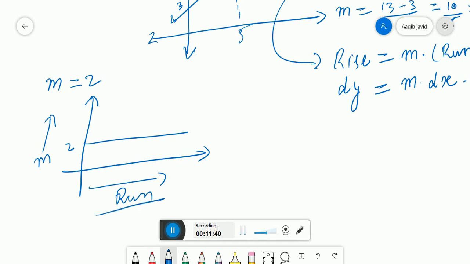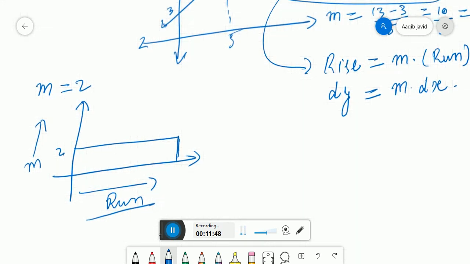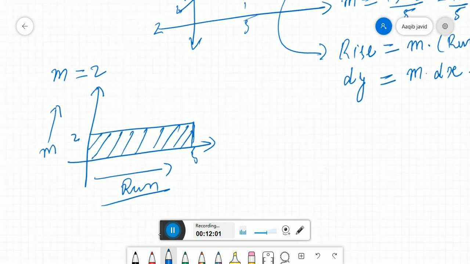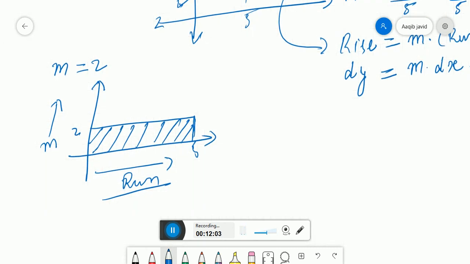And if we need to calculate this, we have run equals 5, and if we need to calculate the rise, we need to calculate the area under this m and the run, the gradient and the run. The area of this will be simply equal to 10.